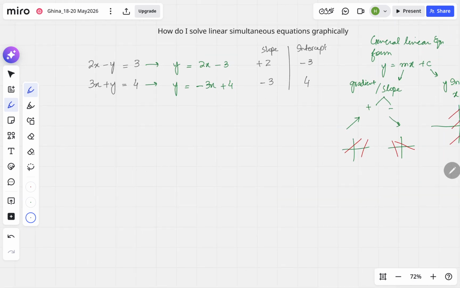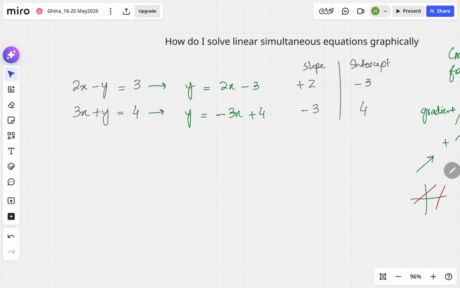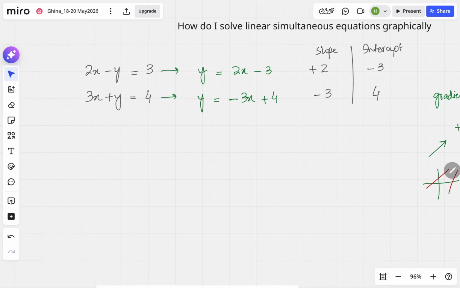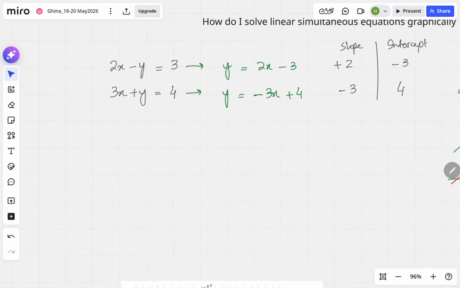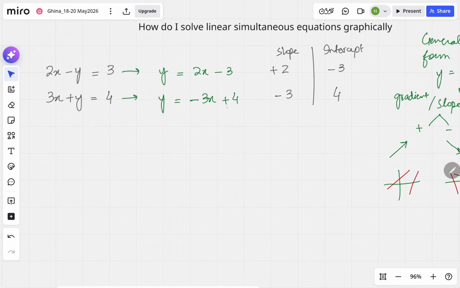So from here, we got these 2 points that we can point on the graph. For plotting these equations, we need 2 points. In order to plot any straight line, you need only 2 points.